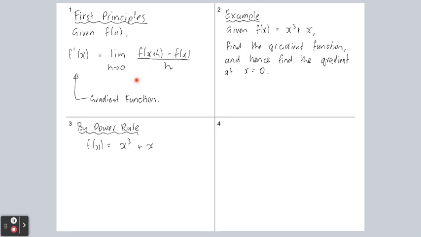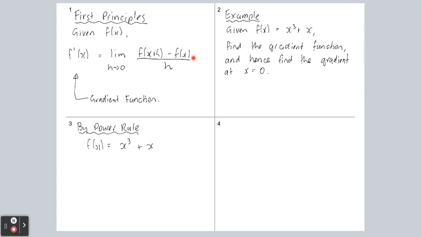Based upon our previous lesson where we practiced limit theory, we've got this idea that although we can't directly evaluate the gradient at a particular point by setting h equal to 0, in other words by making these two things the same, the bottom h would be 0, and we can't divide by 0.